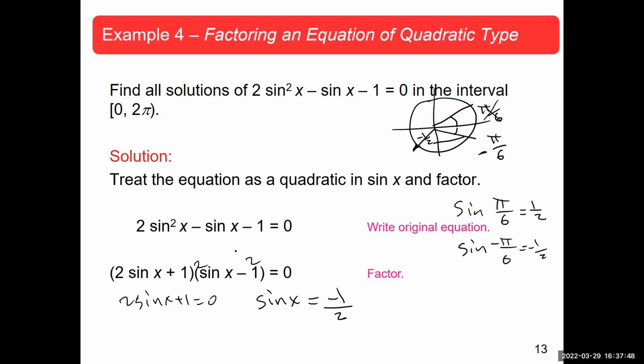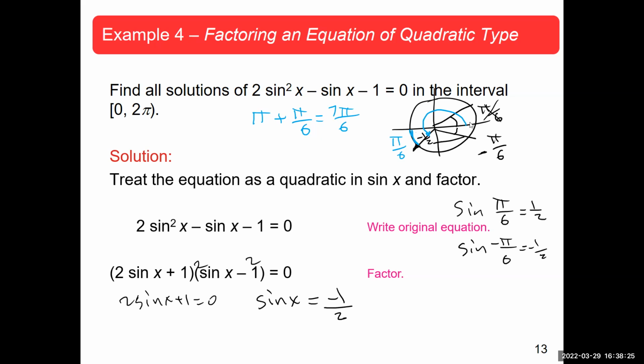So you have to calculate the angle all the way around. From here to here, what's that angle equal to? Pi plus pi over 6, because this angle here is pi over 6 too. So pi plus pi over 6 gives me 7 pi over 6. That's the first angle.